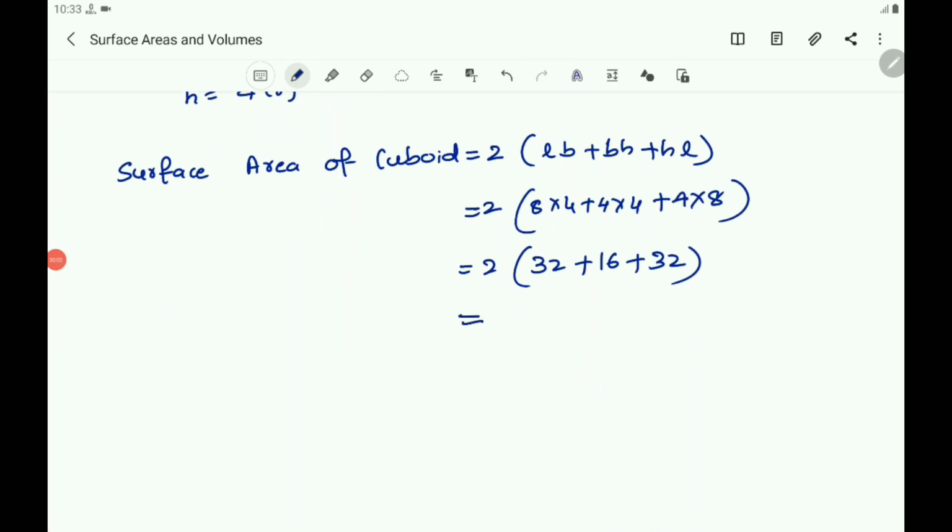What is the sum of 32 plus 16 plus 32? 32 plus 32 is 64, 64 plus 16 is 80. So it is 2 into 80, that equals 160 cm square. The surface area of the resulting cuboid is 160 cm square.